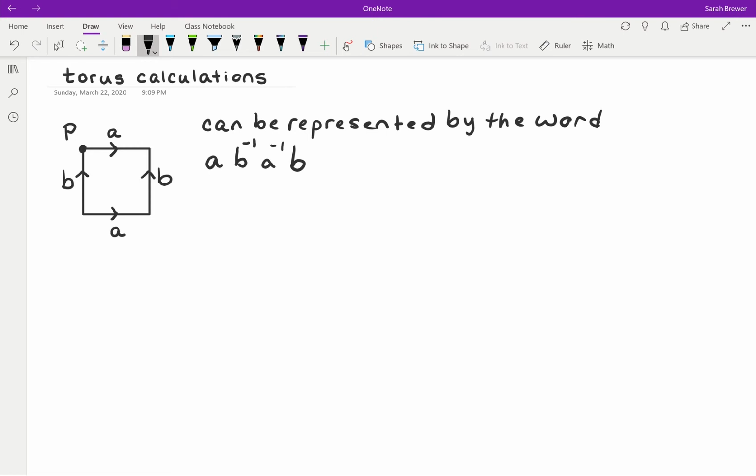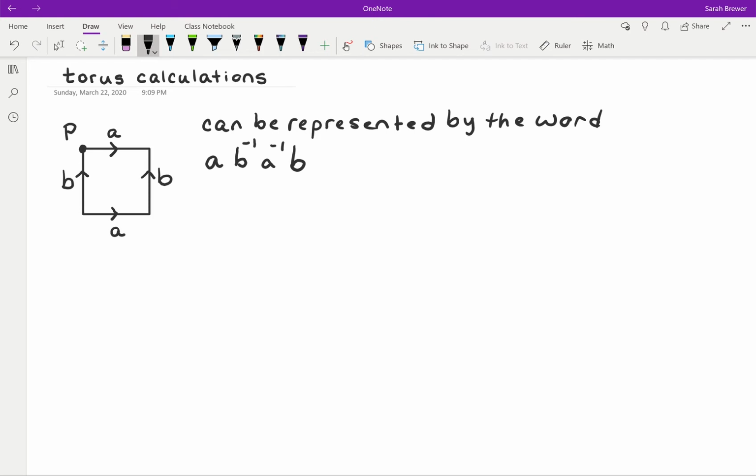So this is the word that represents this polygon. And eventually we're just going to start out with words and we'll construct polygons for them to help us make calculations. All right, so what we have here is a single polygon. Okay, assume this square is filled in. I'm not filling it in because it's going to make it look a little too busy for now.